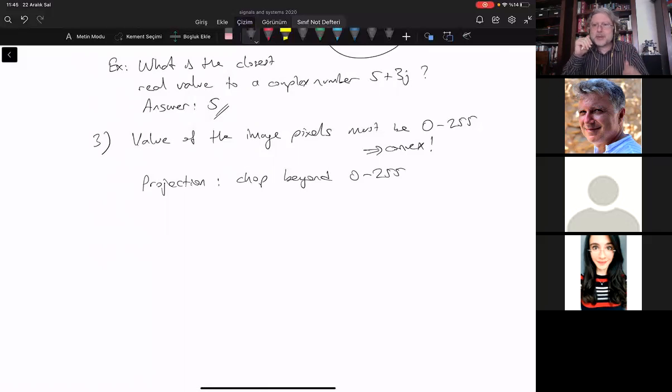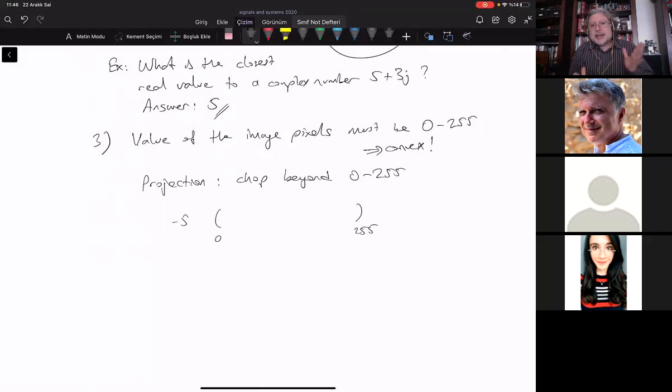So clipping the pixel values beyond these to those boundaries is the projection. Is it an orthogonal projection? Yes, because this is the set 0 to 255. This range is the set, so it starts at 0 and ends at 255, and you are at, let's say, -5.